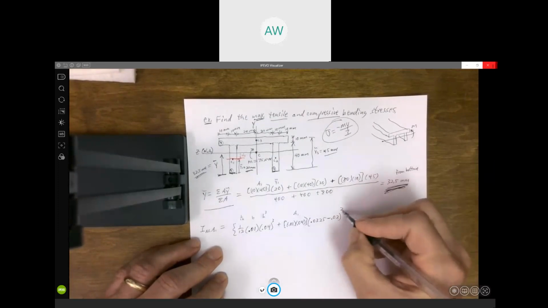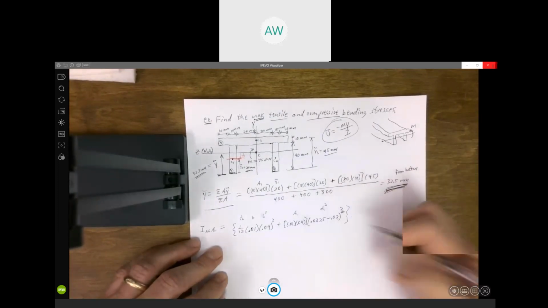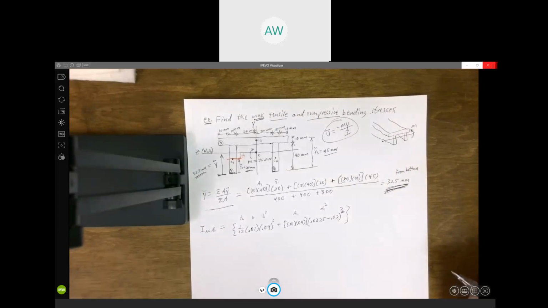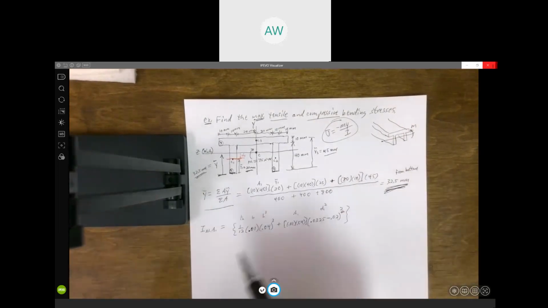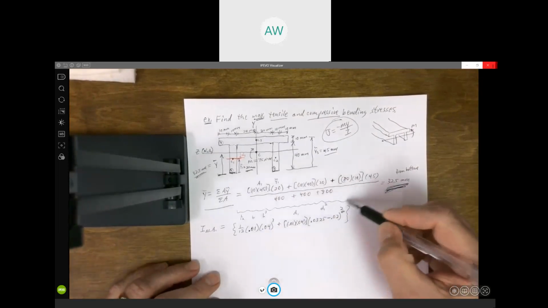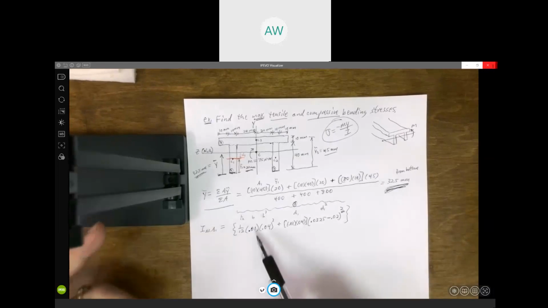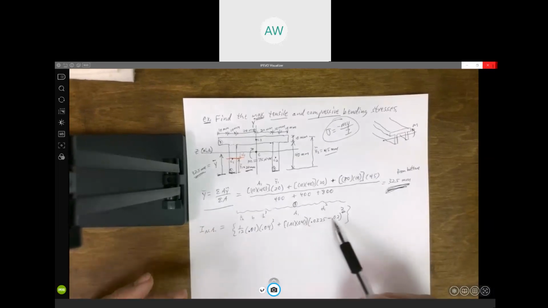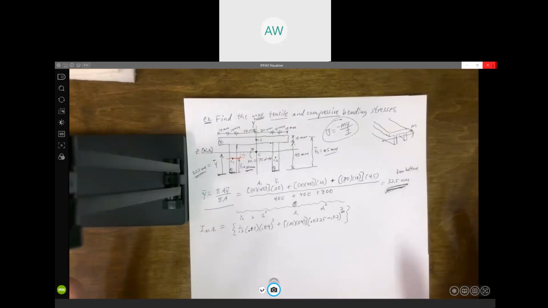Don't forget to square it. That's D1 squared. So this is for rectangle 1: 1/12 base times height cubed plus A D squared. Any questions about where any of those numbers came from?